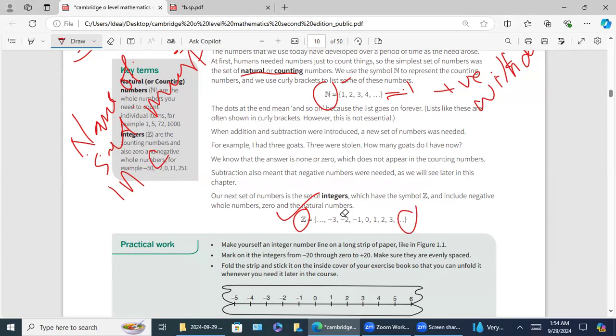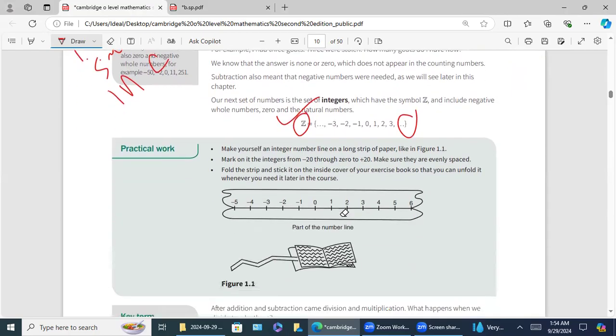After that, the elements of the set are positive and negative with 0. We can say 0, plus minus 1, plus minus 2, plus minus 3, and so on. This is called the integer set.